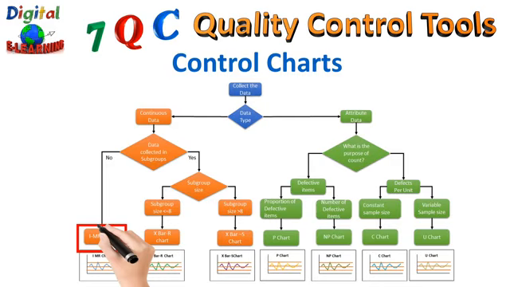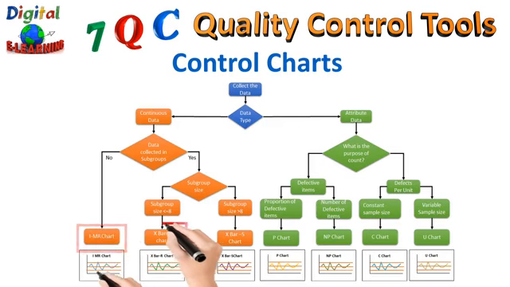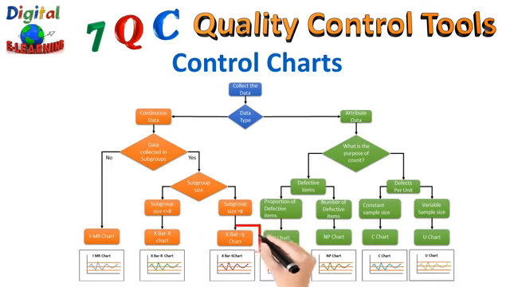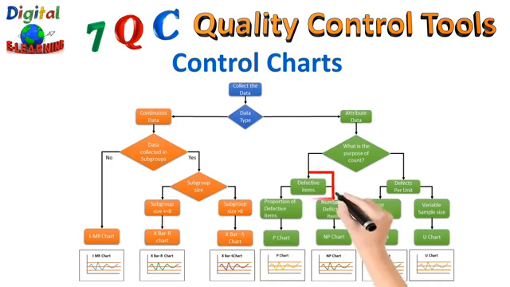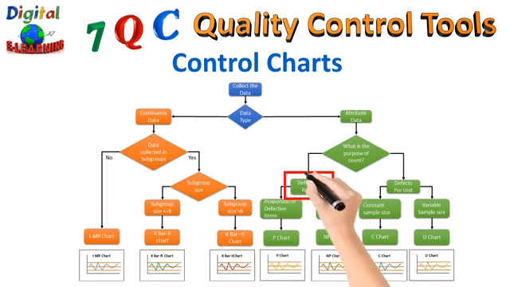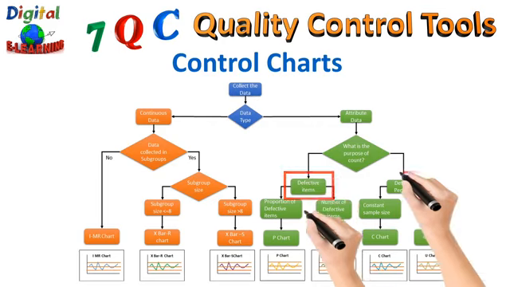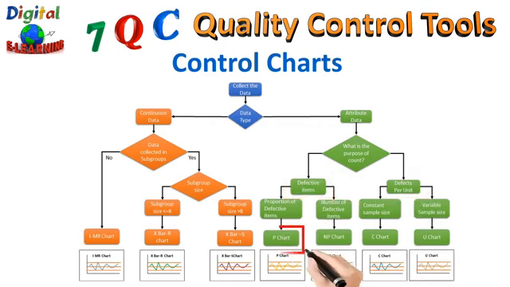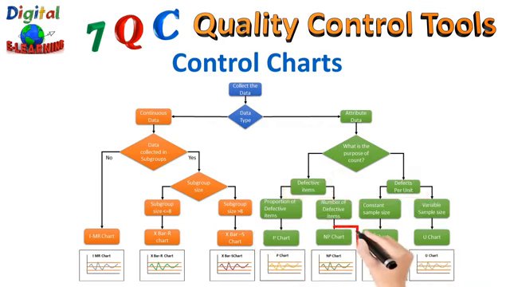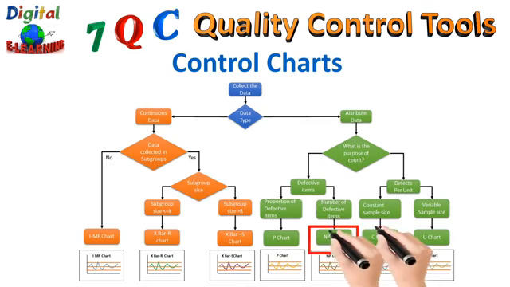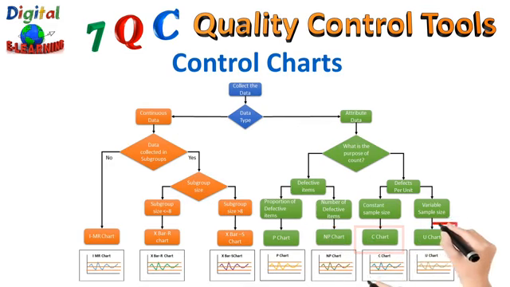Under continuous data, we have the IMR chart, that is the control chart for variables. Then we have the X bar R bar chart and X bar chart. And under attribute, we have two categories: defective items and defects per unit. Under defective, we have the P chart and NP chart. And under defects, we have the C chart and the U chart.